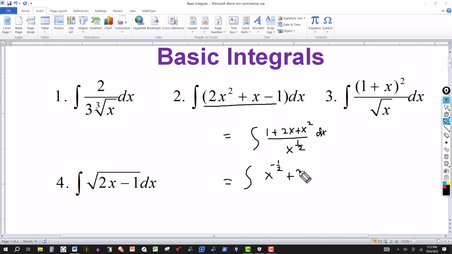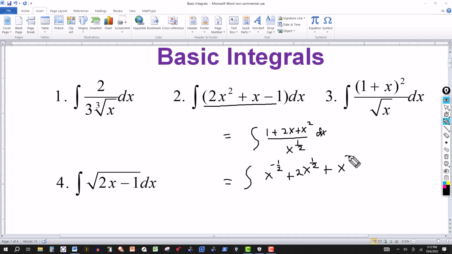So the 2 is already in the numerator, and then this is a 1 here. So it's 1, subtract the exponent, so it's 2x to the 1/2, plus x squared over x to the 1/2. Just basic algebra, subtract the exponents, so it's 2 minus 1/2.